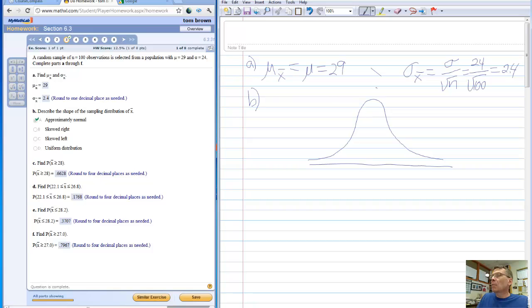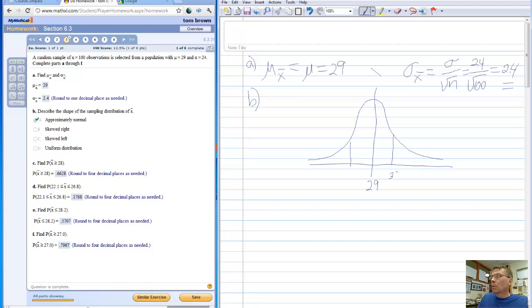The value that's in the middle we know is the mean. In this case, the mean is going to be 29. The standard deviation is going to dictate how wide this distribution is. We can use this mean and this standard deviation to use the empirical rule.